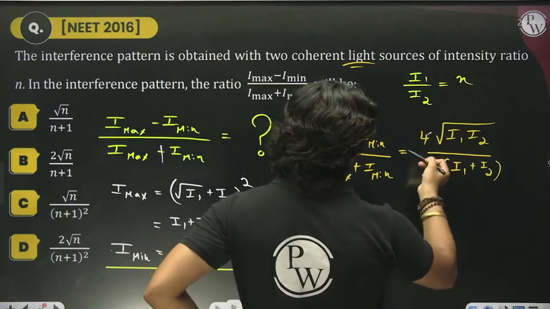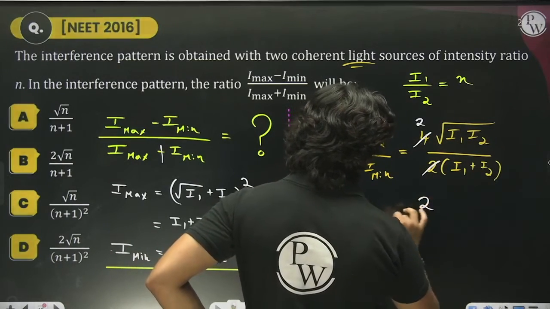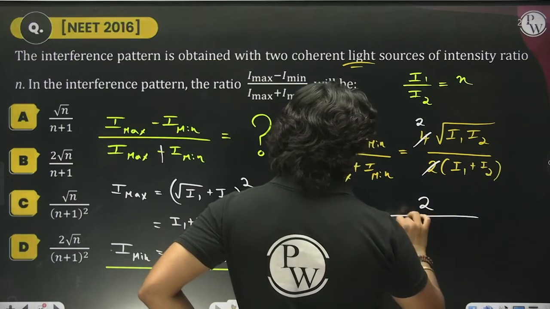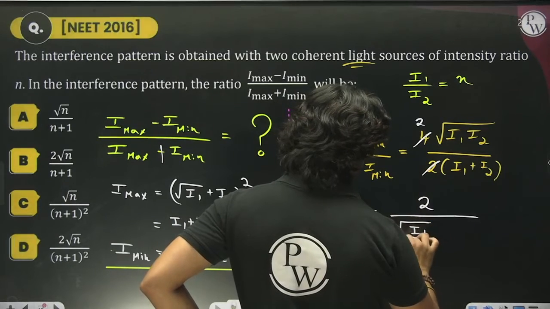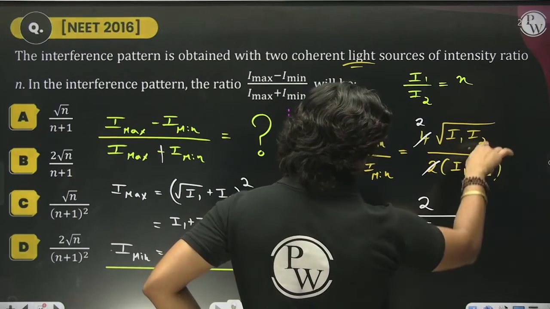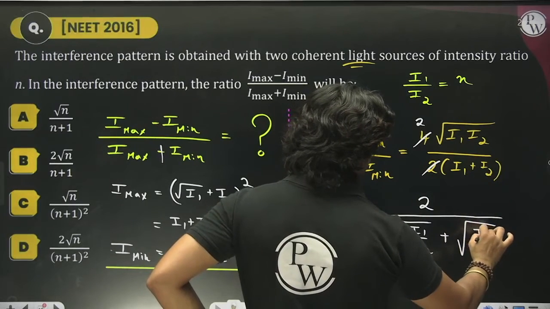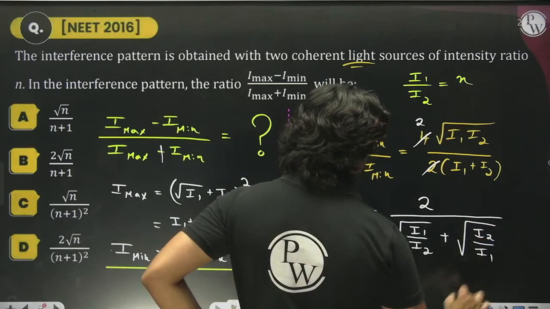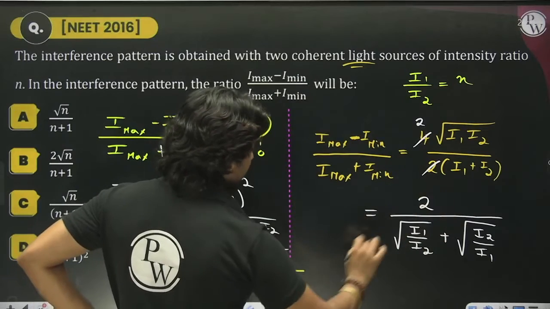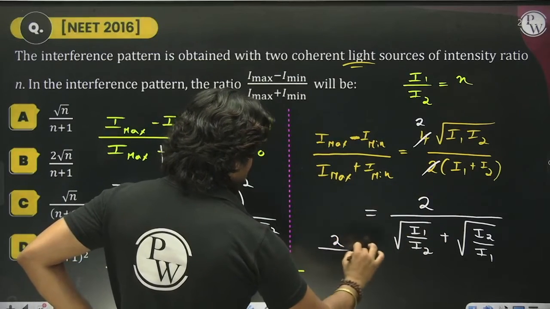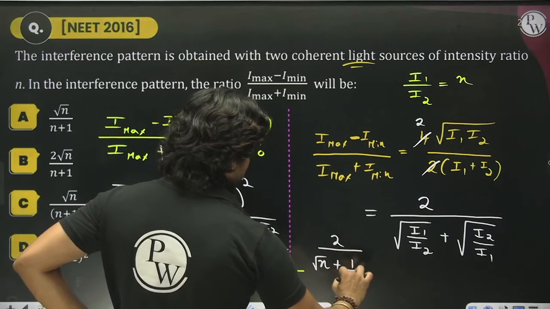So I max minus I min divided by I max plus I min is 2 divided by (root of I1 by I2 plus root of I2 by I1). Root I1 by I2 is n and root I2 by I1 is 1 by n. So this is 2 divided by (root n plus 1 by root n).